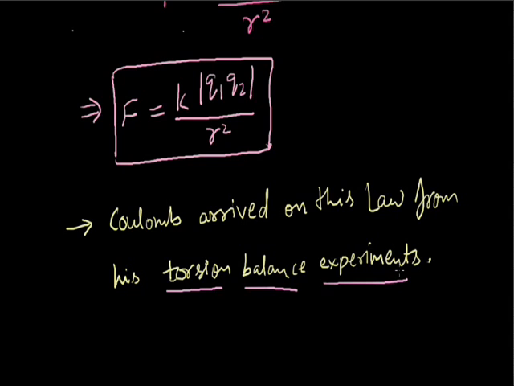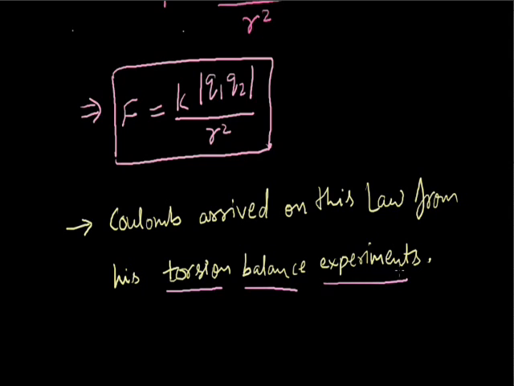So Coulomb varied the distance for a fixed pair of charges and measured the force for different separations. Then he varied the charges in pairs, keeping the distance fixed for each pair.